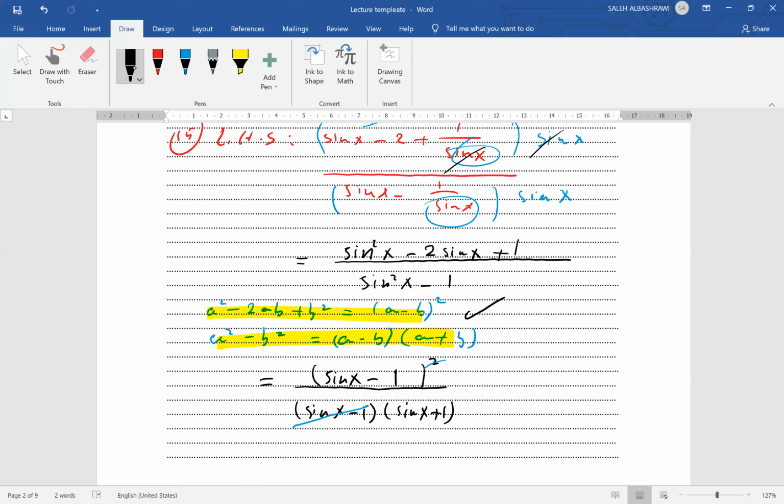This will give me sine x minus 1 divided by sine x plus 1. And this is equal to the right hand side. So this identity is verified now. The left-hand side equals the right-hand side, which is equal to sine x minus 1 divided by sine x plus 1.